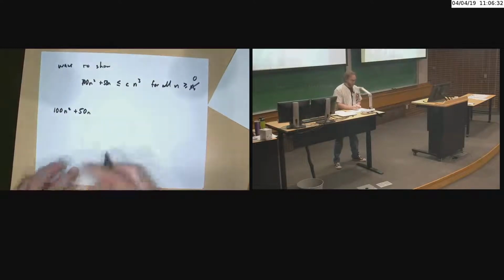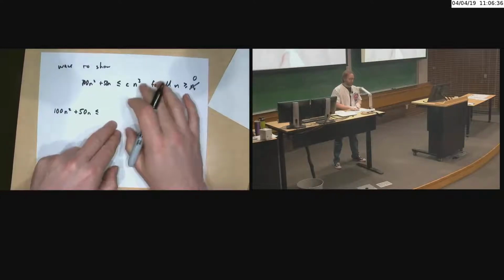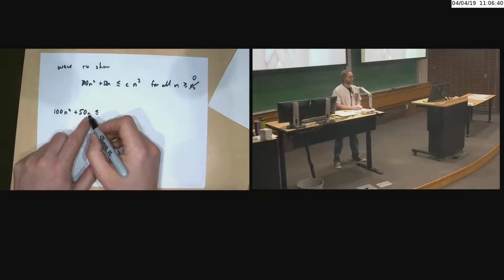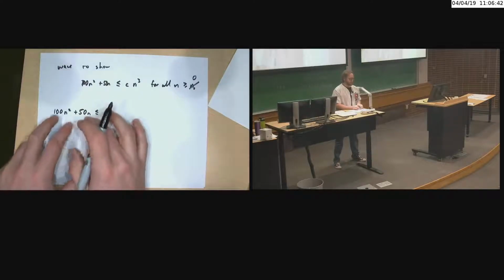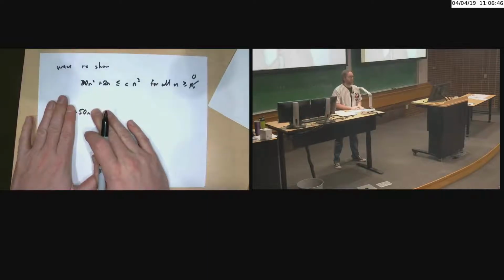Is less than or equal to what? How can I make this thing bigger so that it eventually looks like this thing over here? Let's focus on this lower order term first. How can I collapse it into one term? What is 50n less than or equal to for all n greater than or equal to 0? How can I make this?